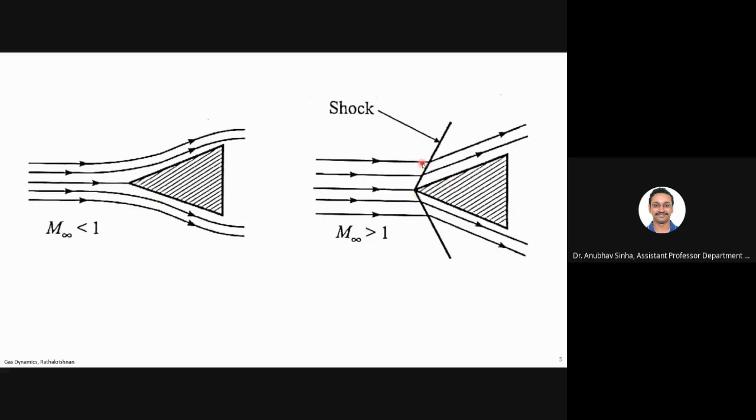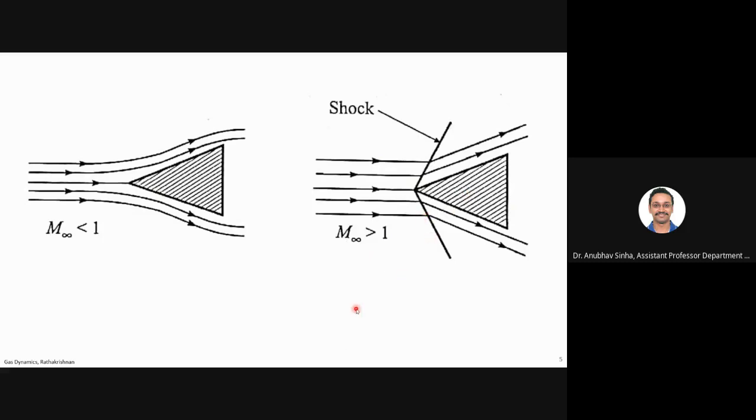Till then, the streamline is a straight path as if nothing is there. Once they reach the shock, they diverge at a very large angle. They suddenly change angle. That is a typical feature of mostly oblique shock. For normal shock, it will again go straight only. Okay, so these are some general outlines.